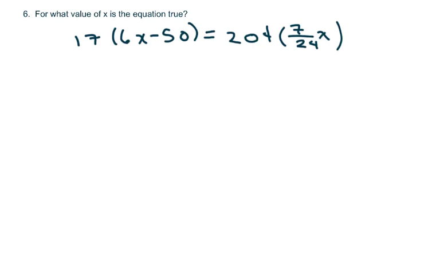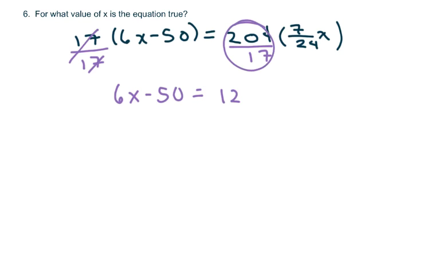Okay. This is the same thing as we did with the number 4. So basically, what we want to do is, first of all, instead of distributing, I'm going to go ahead and divide both sides by 17 and clean that up. So we get 6x minus 50 equals 12, times 7 over 24x.